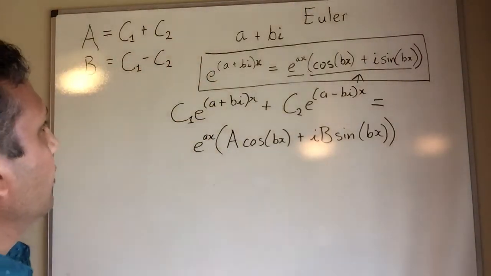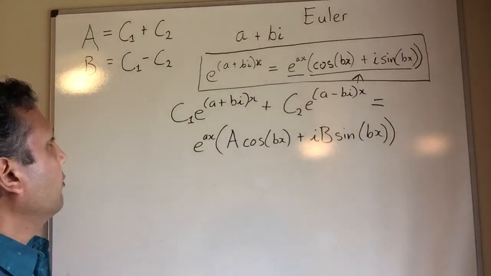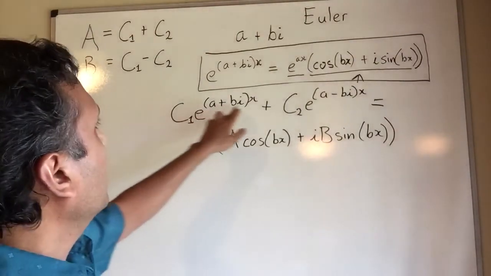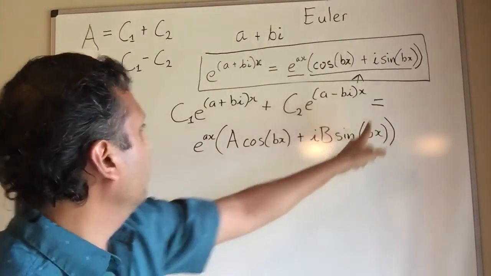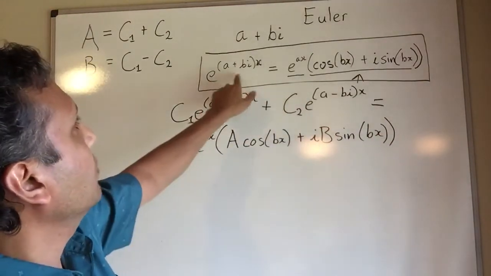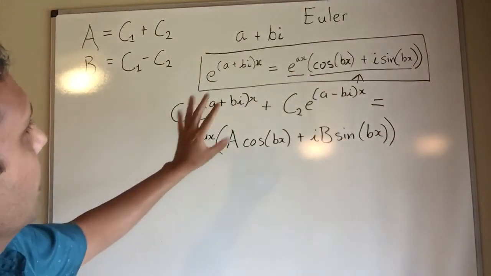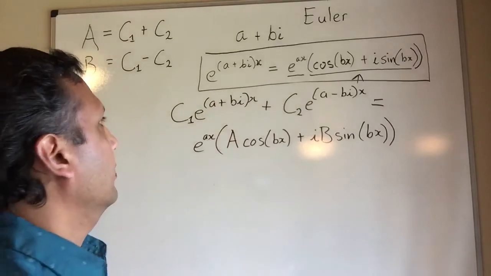So that's what I was given. Now I want to figure out how this expression gives me this expression, similar to this one, but it seems to be a little more complex.